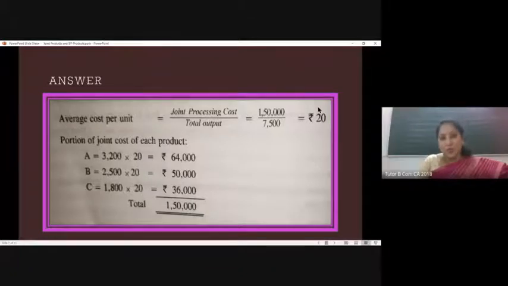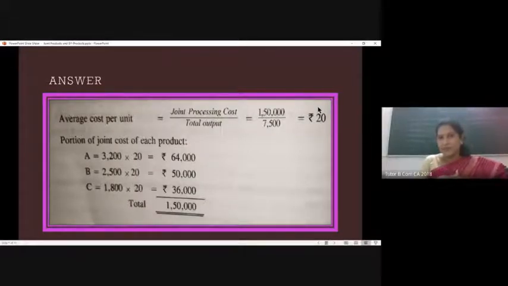On an average, what is my cost per unit? That's the concept used in this method. So 20. Now things are very easy for me. I just have to multiply the number of units by the per unit cost. That's it. So in this method, the keyword to remember is averaging, to find the cost per unit and then go with the apportionment. So that's the second method.